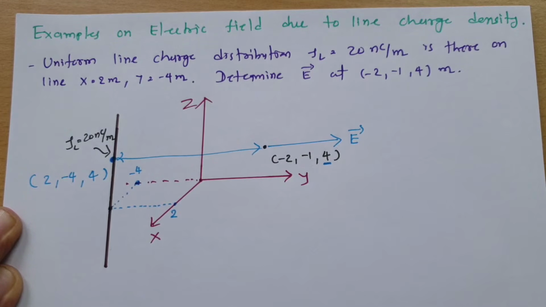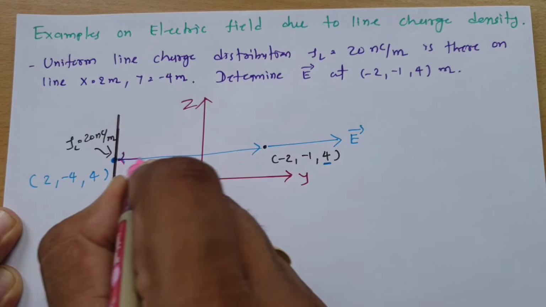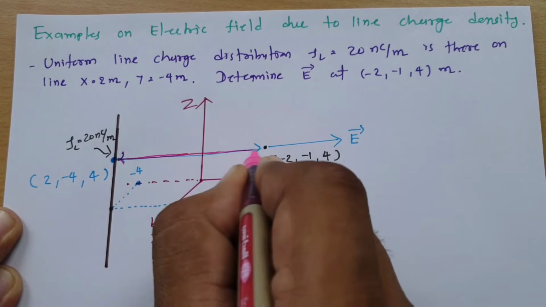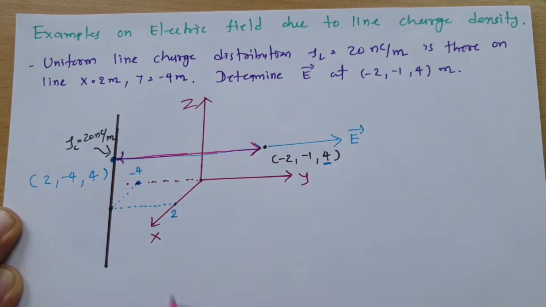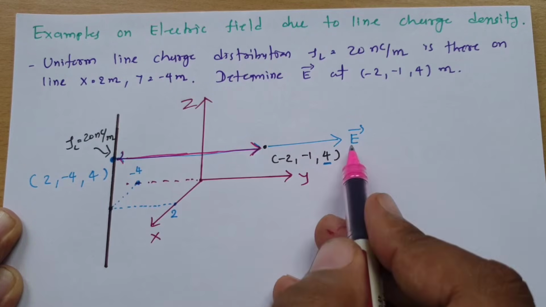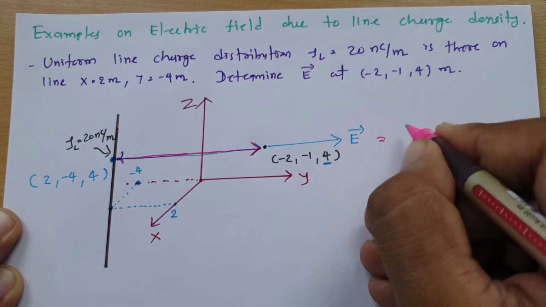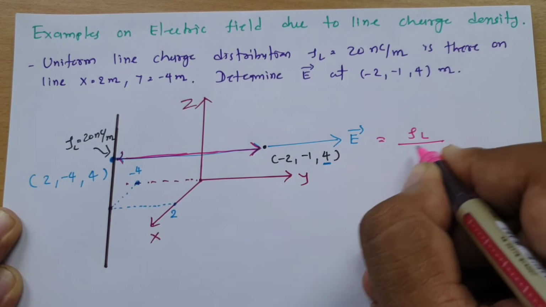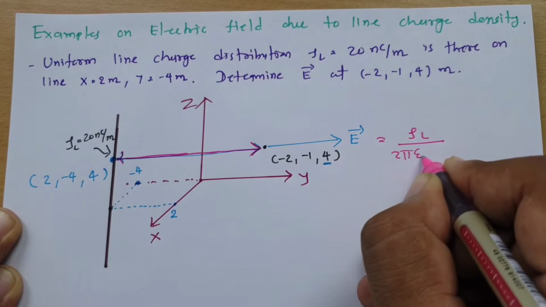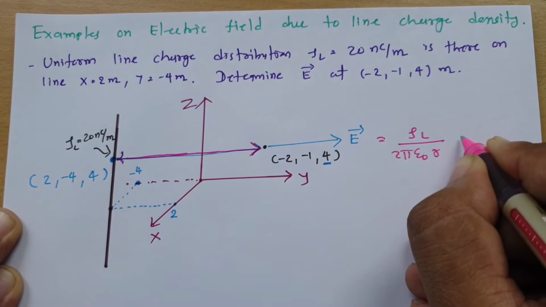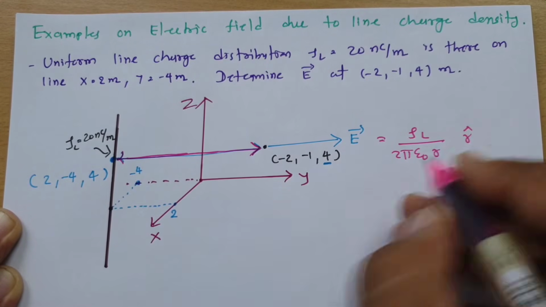So ultimately, see, this is the basic distance, and this is the direction, and the basic formula of electric field is rho L divided by 2 pi epsilon 0 r into unit vector r direction.